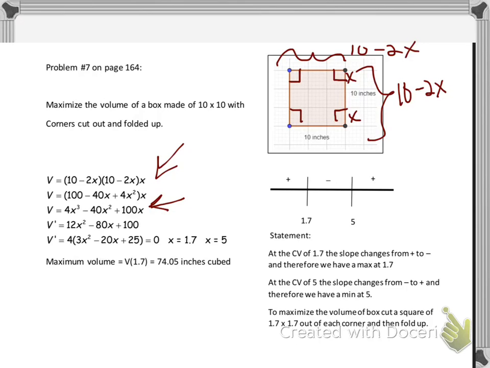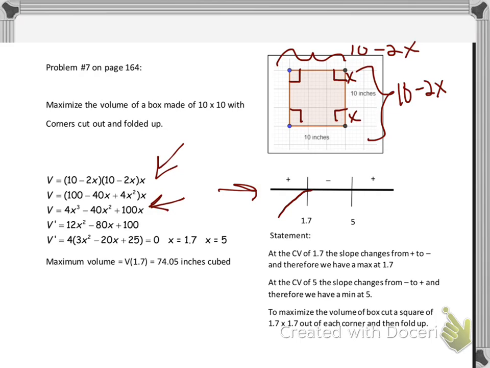I need to figure out, if I want to maximize volume, which one's going to do that. So I have my two critical values. Here's my chart right here. What I'm going to do is test to the left and to the right of 1.7 and to the left and to the right of 5. What I'm noticing is I have positive slope to the left of the critical value of 1.7, so the function looks like this.